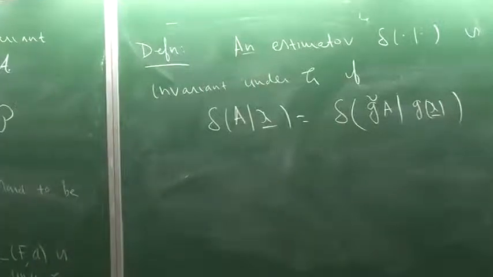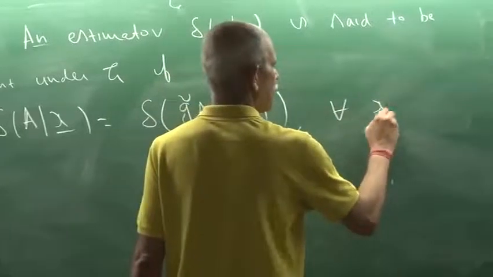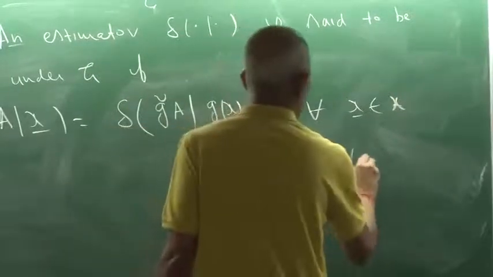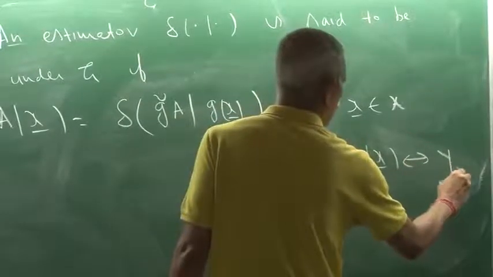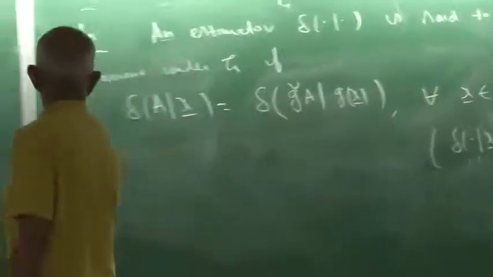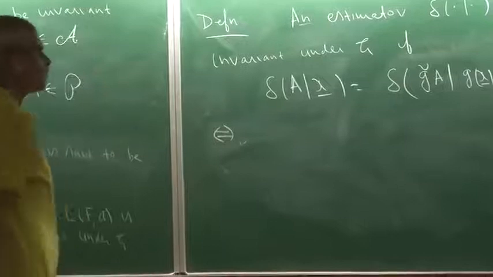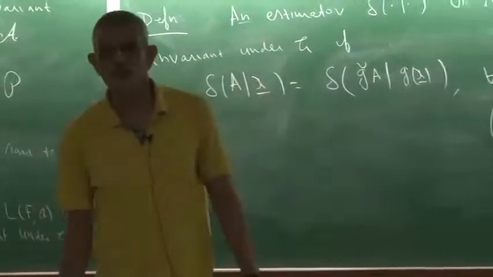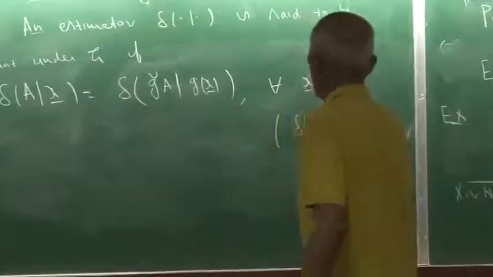This should happen for every A. So if corresponding to delta(., x) I have a random variable Y(x), this comes from the principle of invariance from the last example which we saw. These are very natural conditions.